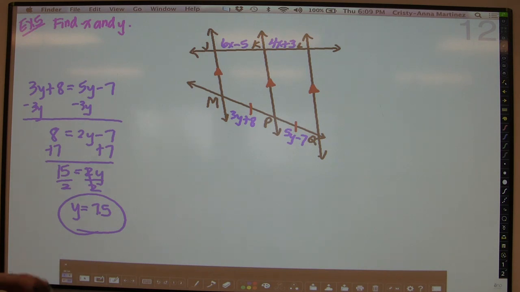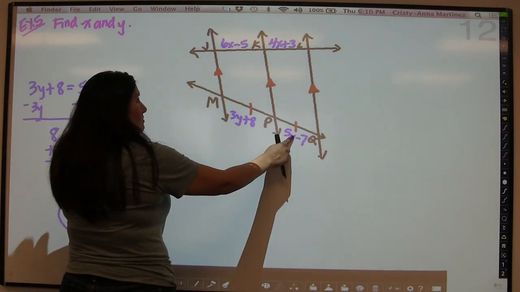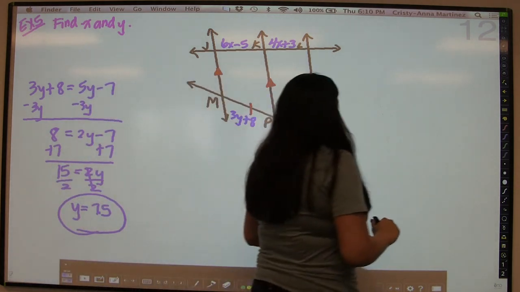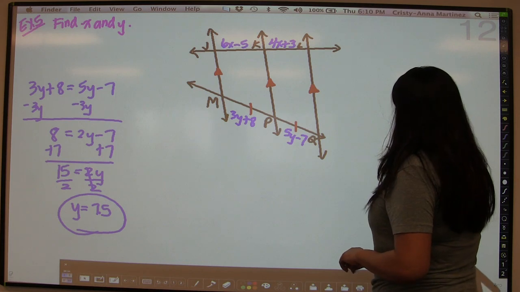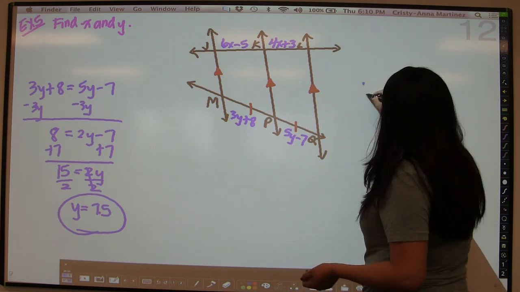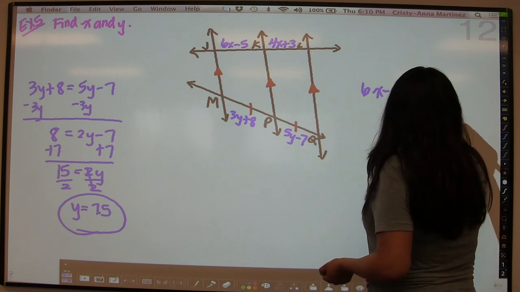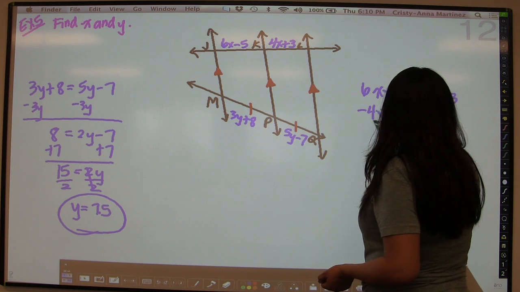And then we want to do the same thing pretty much for x, because again, since we know that these two are congruent, then it must be that these two segments are congruent because of the congruent parts of parallel lines corollary. So we know that 6x minus 5 must equal 4x plus 3. So we subtract 4x from both sides.